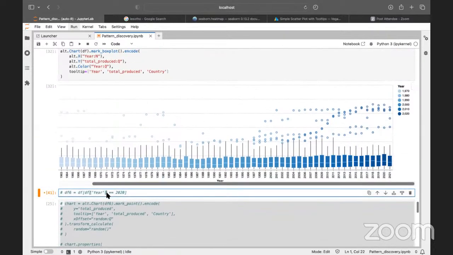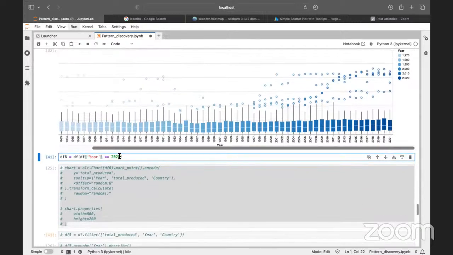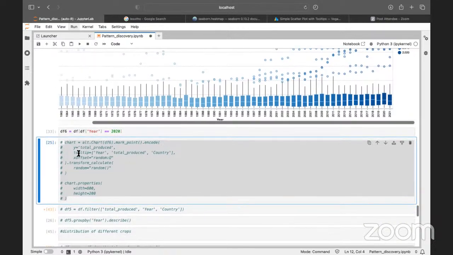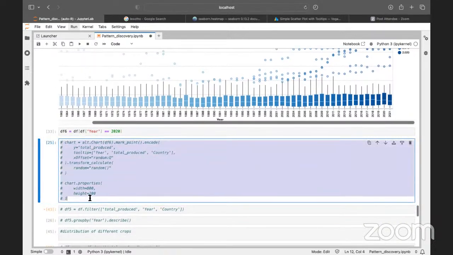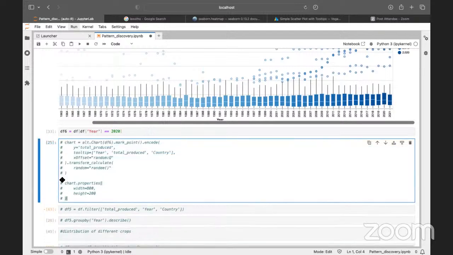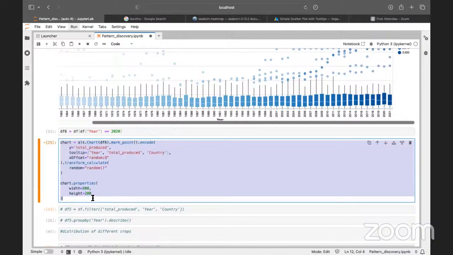Here I've picked 2020. So I'm just filtering the data set for years that correspond to 2020. And then we'll go ahead and I'll comment this. So this is basically plotting this.